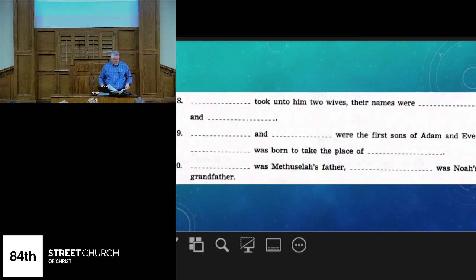So the rest of the chapter, we're going through some things fairly quickly. We don't necessarily need to memorize who Lamech's wives were, but we do understand that Adam and Eve had two sons, and Cain slew Abel, and then Seth was born to replace which one? Abel. What happened to Cain?